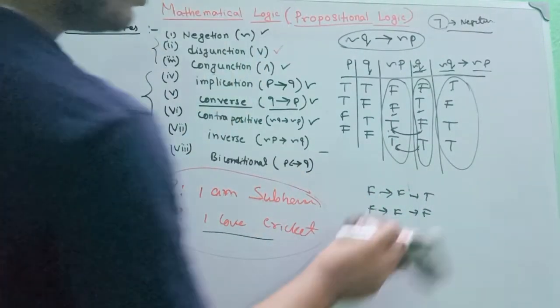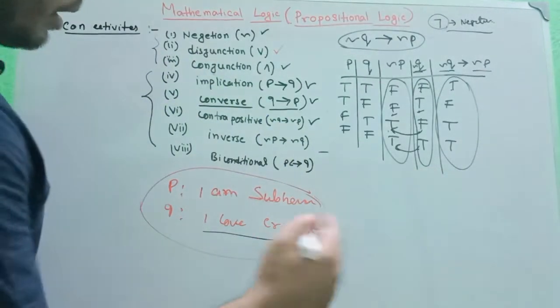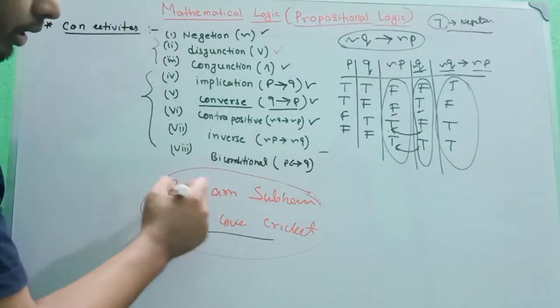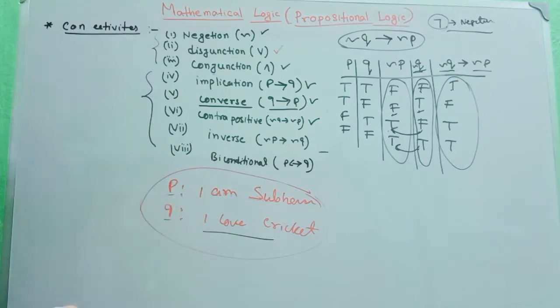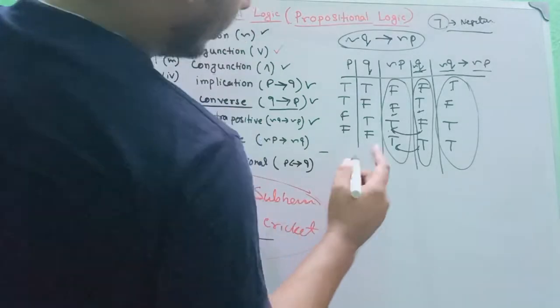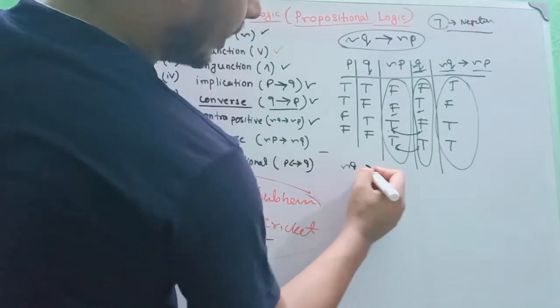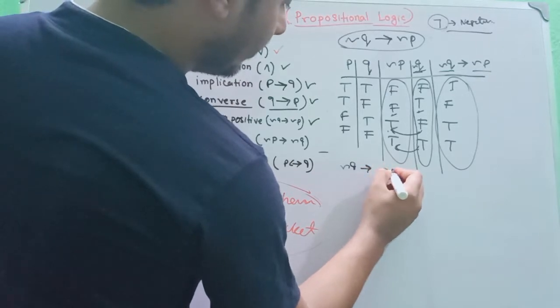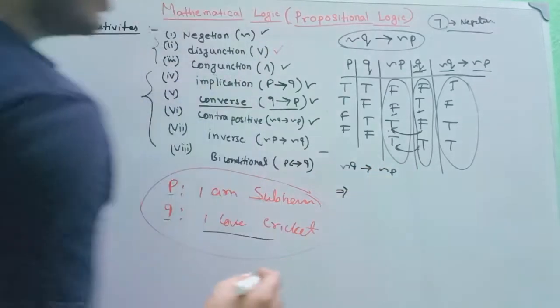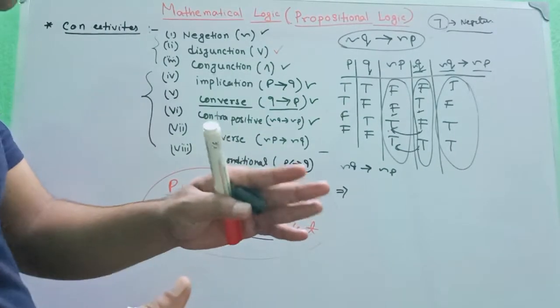So next see what happens if I use both statements. This is negation Q implies negation P. Negation means a not comes before the sentence.